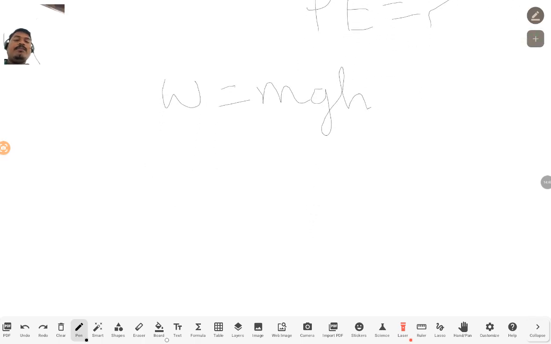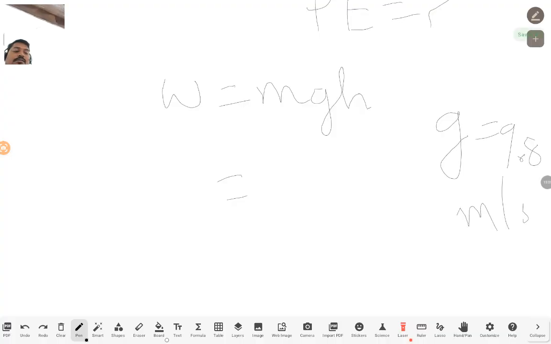Am I right? So always remember value of g is 9.8 meter per second square. So we can write 90 into 9.8 into 90.